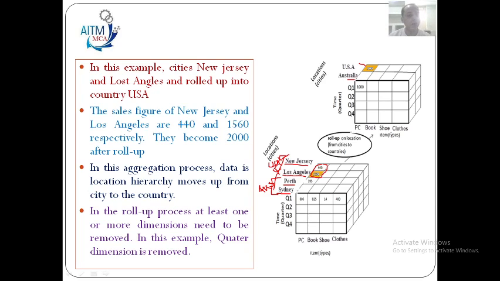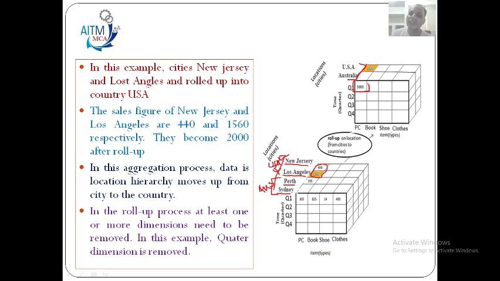Then in the roll-up process, at least one or more dimensions need to be removed. In this example, the quarter dimension is removed. See here now, I am looking for only the first quarter of these two countries.